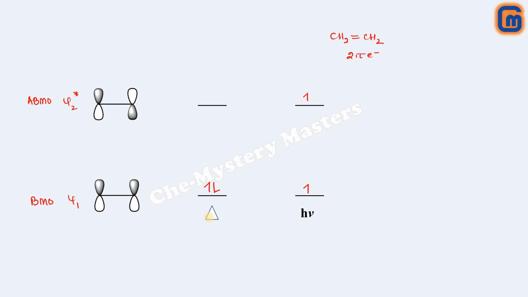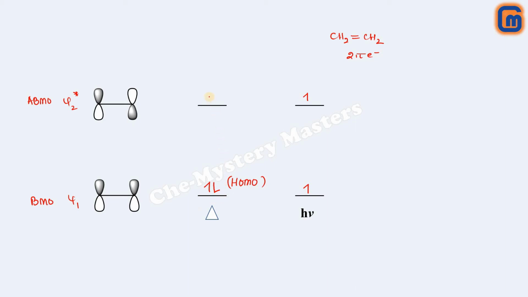So we can take an example here. In thermal condition, you can see that there is only one orbital which has electrons in it, while the psi2 star orbital doesn't have any electron in it. That's why psi1, the bonding molecular orbital, is the HOMO.